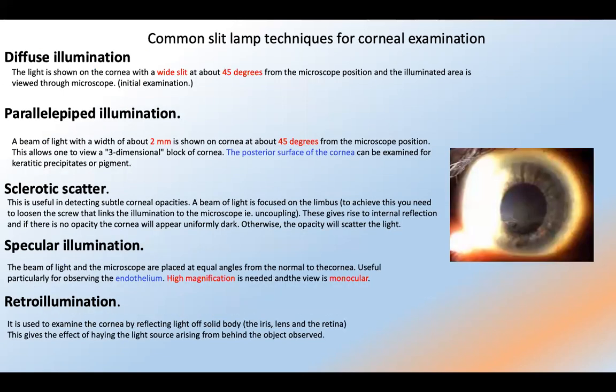Okay. These are the methods of examination. I will not mention them now, but only this picture for the sclerotic scatter. Okay, sclerotic scatter can detect any subtle corneal opacities. We should do uncoupling of the slit lamp to be able to do this sclerotic scatter. Okay.